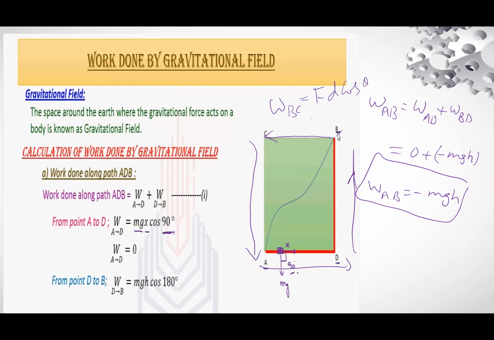In this case, F is equal to mg, d is equal to x, and cos theta is cos theta. Weight is acting in this direction and displacement is produced in this direction. The angle is 90, and cos 90 is equal to 0. So work done is equal to mg x into 0, which is 0. Work done is 0.